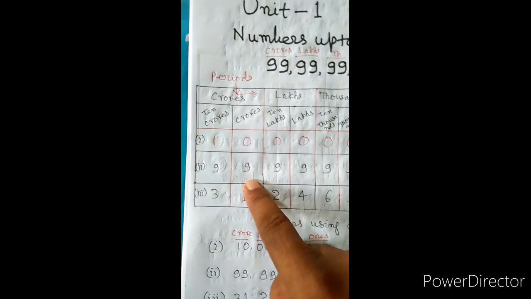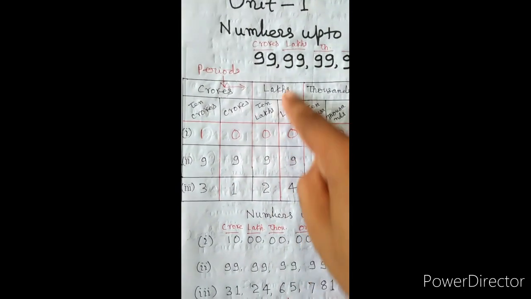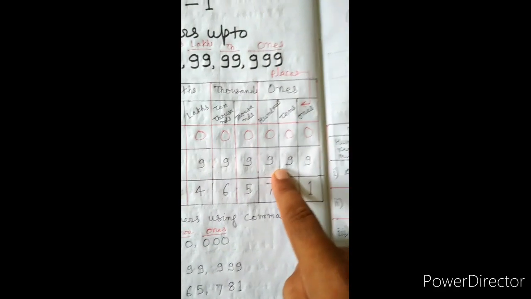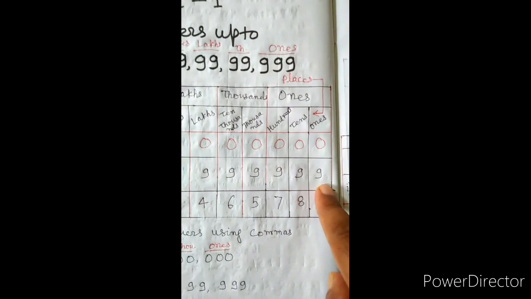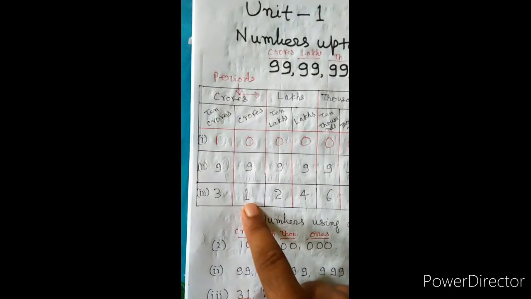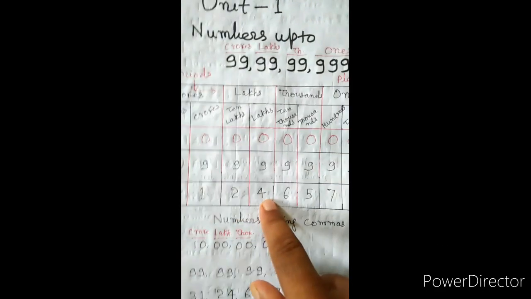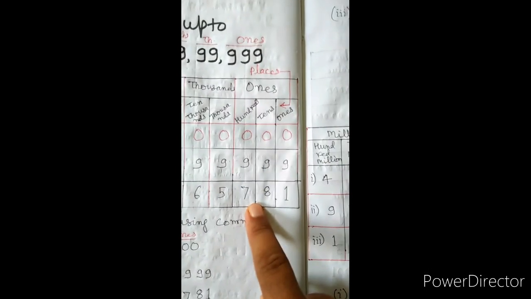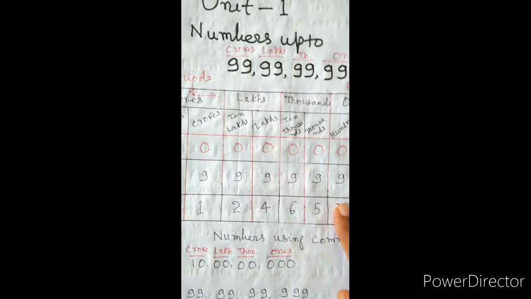So we read it like this, 99 crore, 99 lakh, 99,999. And this number will be read as 31 crore, 24 lakh, 65,781. We read in this way.